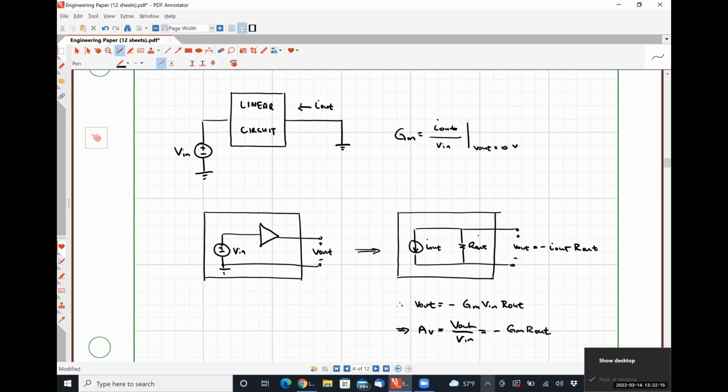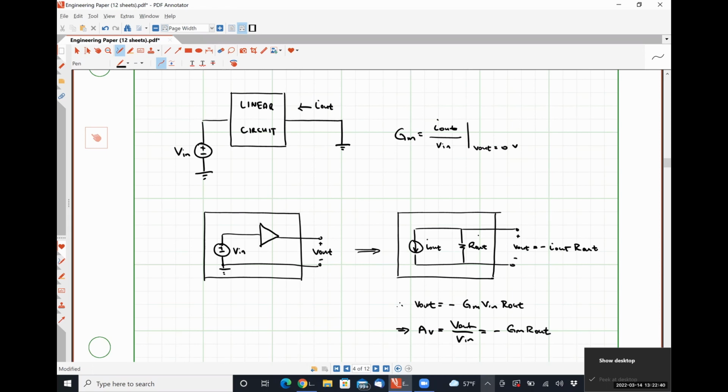So gain is V out over V in for a voltage amplifier, right? We've specifically defined it for a voltage amplifier to be V out over V in. But in some circuits, we might have what's called a transconductance gain, which would be I out over V in, or a transresistance gain, which is V out over I in, or a current gain, which is I out over I in. It just depends on the type of amplifier that we're dealing with.